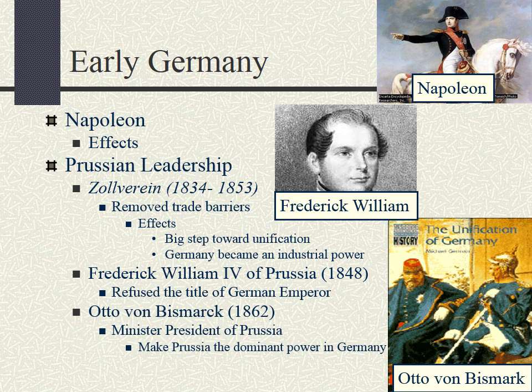So what he does is he wants to make Prussia the most dominant power in Germany, and that would then allow Prussia to advance in the unification process of all the provinces.